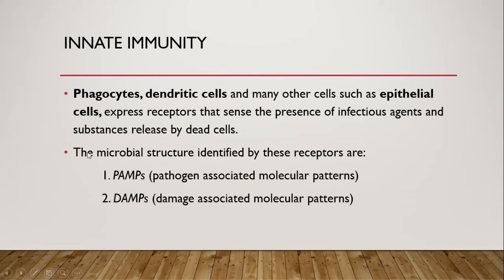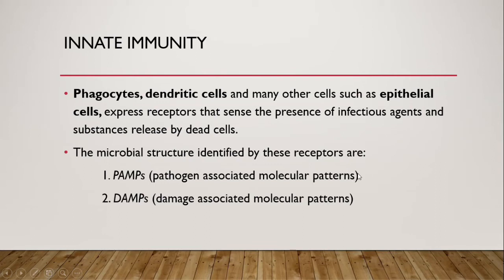They are PAMPs, that are pathogen associated molecular patterns that may be bacterial products or viral products that are directly produced by those pathogens. Such includes peptidoglycan from the bacteria and toxins that are released by virus or bacteria.